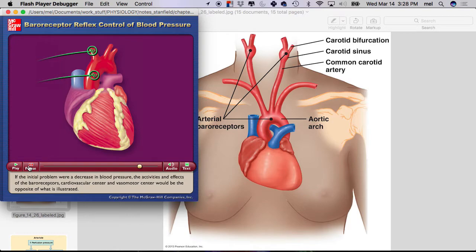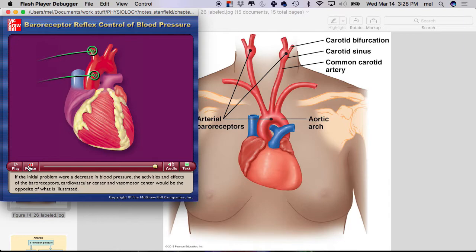If the initial problem were a decrease in blood pressure, the activities and effects of the baroreceptors, cardiovascular center, and vasomotor center would be the opposite of what is illustrated. So let's just do the opposite example to reinforce it. You ready? What if you get up super quickly and detect, either place but especially at the carotid sinus, low pressure, yes?